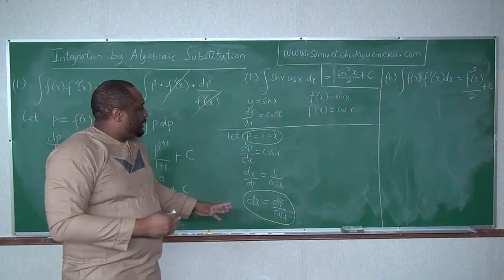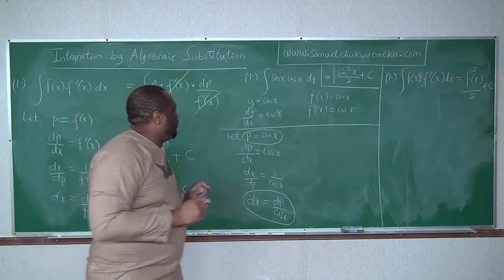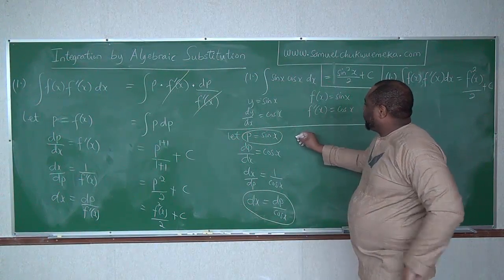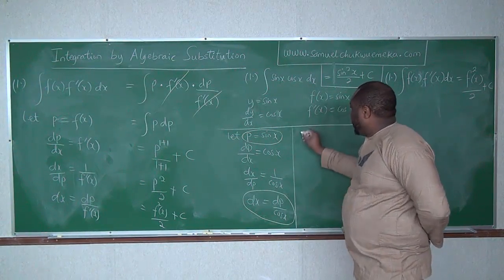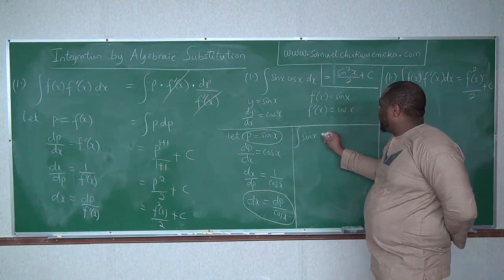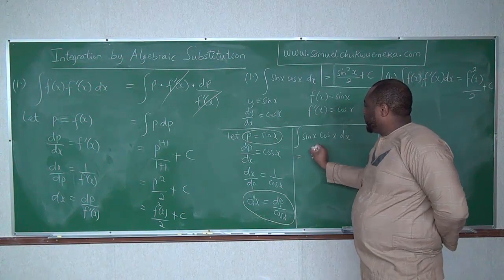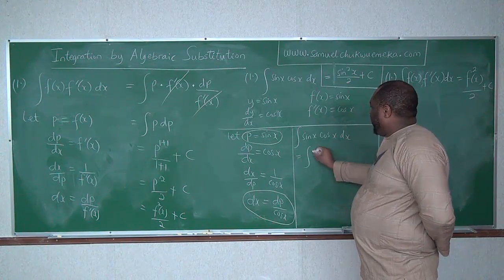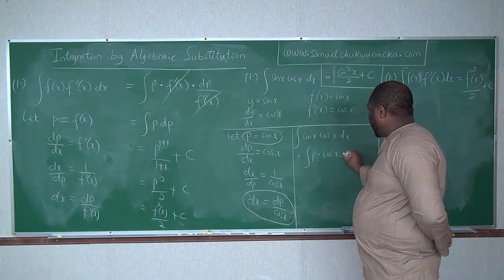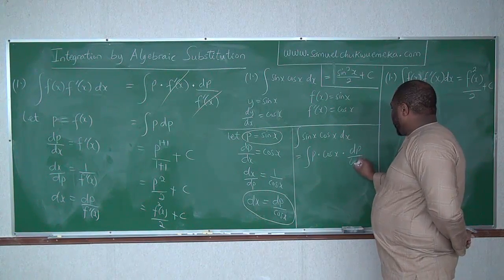Technically, we need those. Then we now substitute it here. So this integral of sine x cos x dx will now give us integral of P times cos x times dP over cos x.